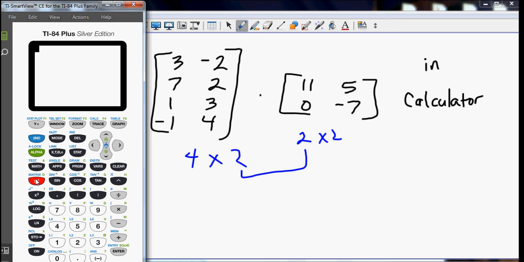So hit enter, and the first thing you'll have to do is actually put the dimensions in. So this is another reason it's important to know how to name a matrix. So you have to type 4, hit enter, type 2, hit enter, so it gives you a 4 by 2 matrix. Then you just type in all the numbers just as you see them on the problem.